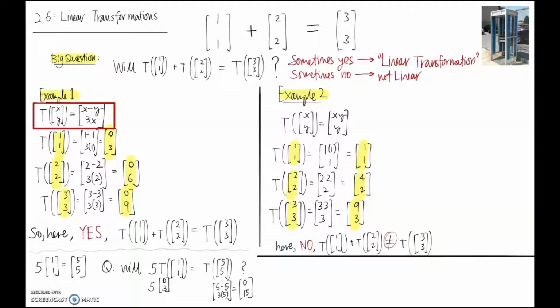This guy over here, 5 times the vector 0, 3 is 0, 15. Awesome. So those worked out. In this case, it didn't matter if you multiplied it before the transformation, so here is where you're multiplying it before the transformation, or if you multiply it after the transformation, you still are getting the same thing, the 0, 15.